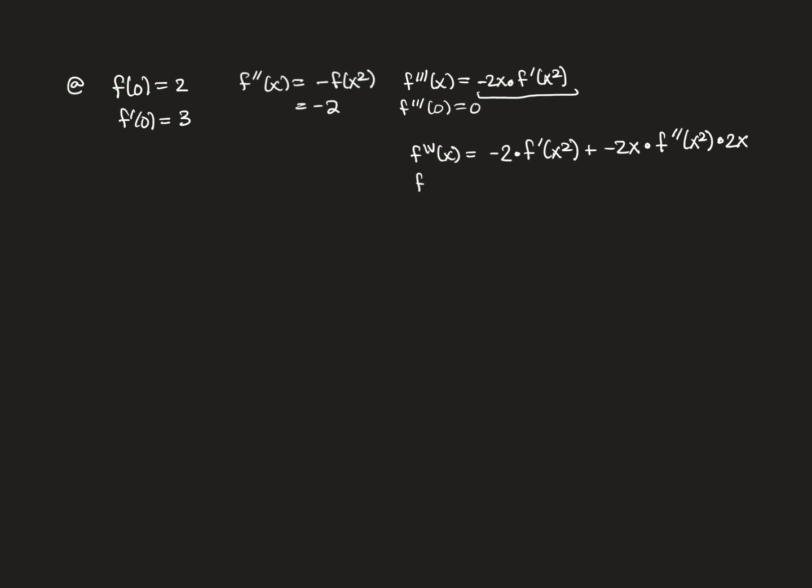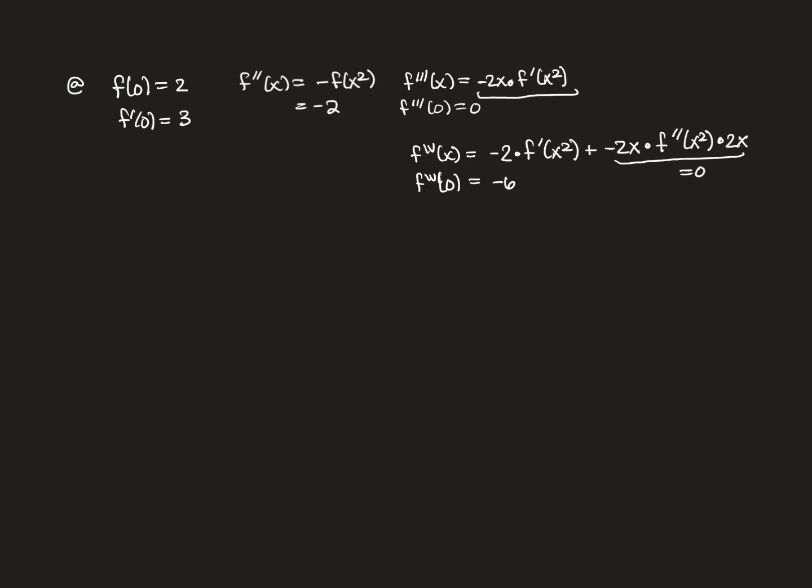So if I wanted the fourth derivative at 0, all of this is gone because it has x in it, so this is equal to 0. F prime of 0 is 3, so this would be negative 6.